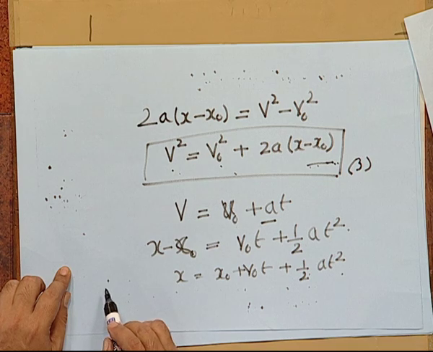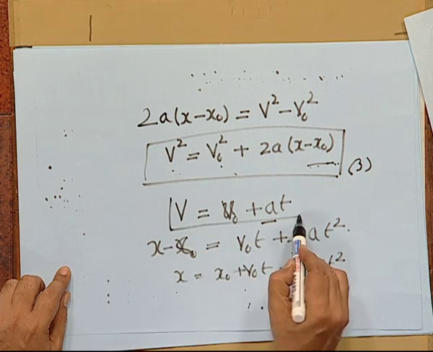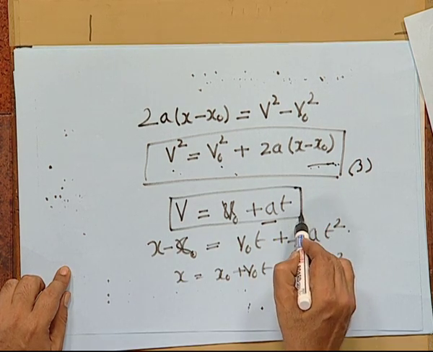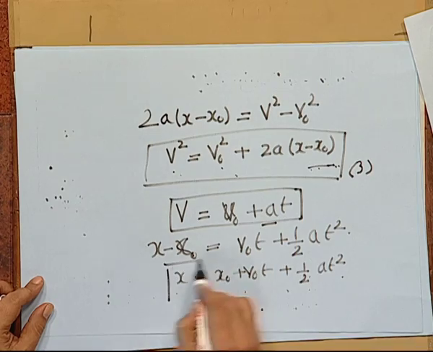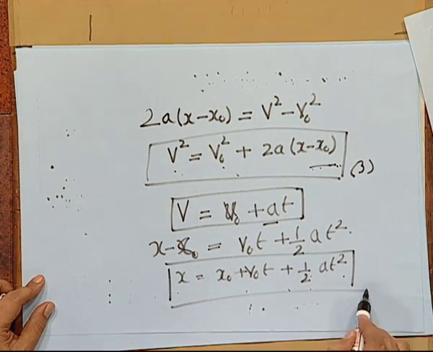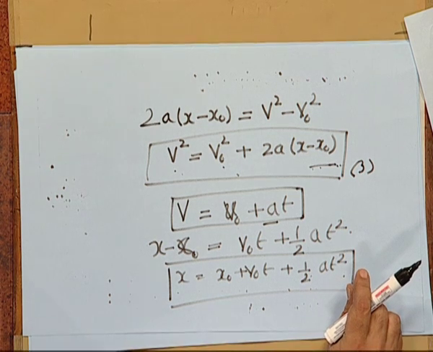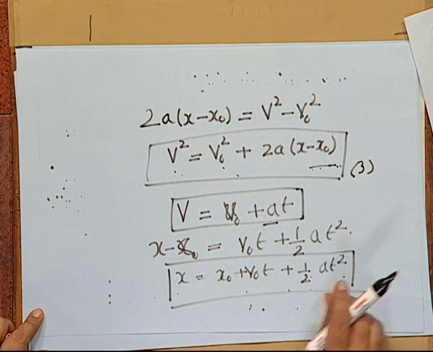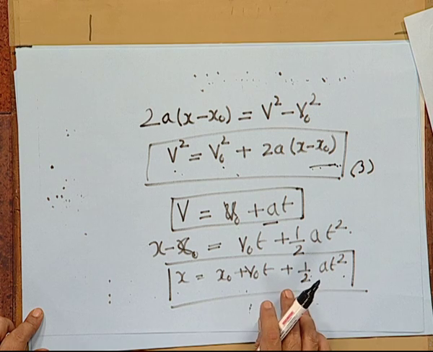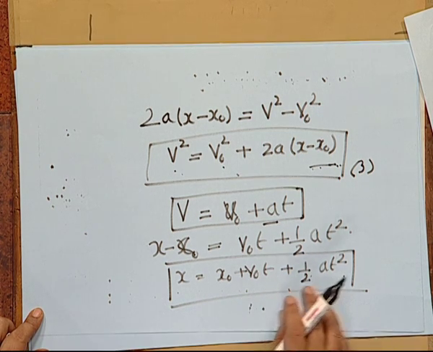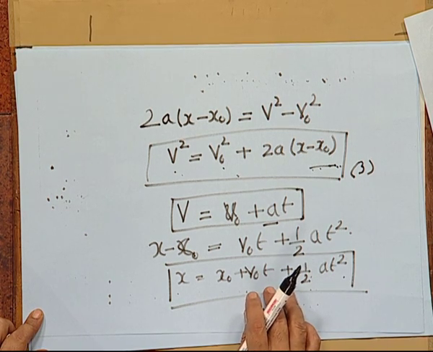I am marking it again. V equals v naught plus a t is a relationship that gives how the velocity changes with time for the constant acceleration case. The relationship x is equal to x naught plus v naught t plus half a t squared gives how the position coordinate changes with acceleration and time, given the initial velocity and the initial position.